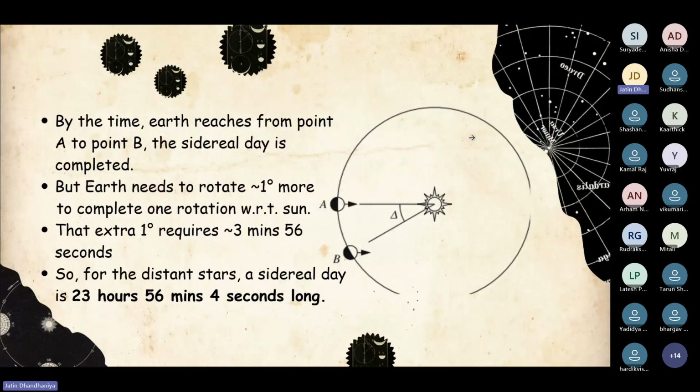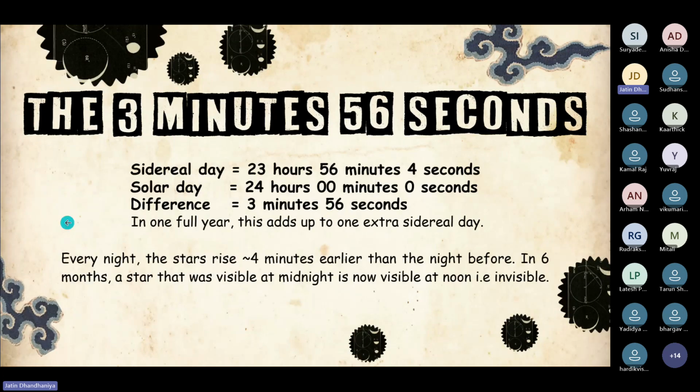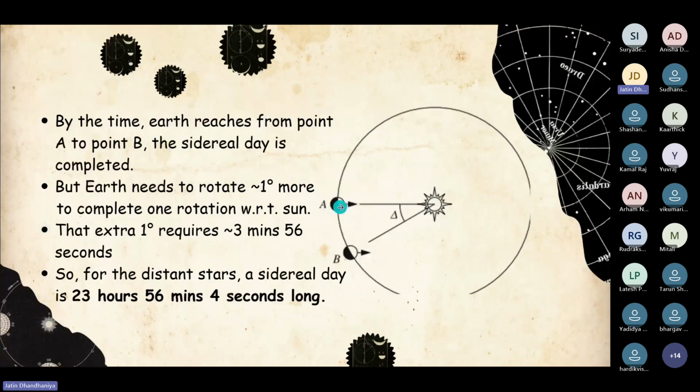As we can see in this figure, by the time the Earth reaches from point A to point B, Earth has to complete one rotation. Along with that, Earth has to rotate approximately 1 degree more to complete one rotation with respect to the Sun, due to the revolution of the Earth.